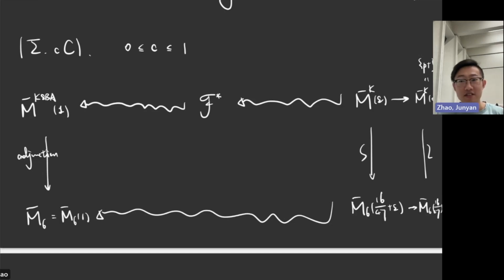But the failure is that for the wall crossing upstairs and downstairs, we don't have a one-to-one correspondence. So this part we know by our work, and for these two parts, they are still missing. Okay, so that's all I want to talk about today.